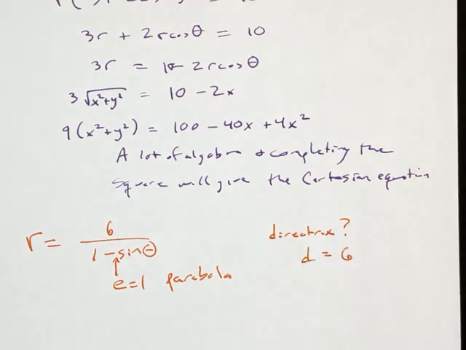Aha, d equals 6. But the equation for the directrix is a line. It's not a number. D is 6. But is it y equals 6, x equals 6, or is it y equals minus 6 or x equals minus 6?